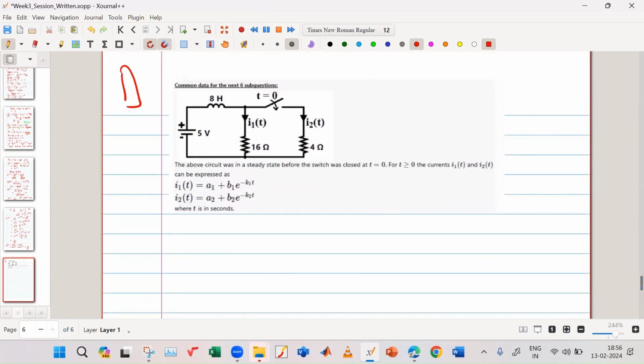They are telling that I'm closing the switch and then we have to find the currents I1 of t and I2 of t.